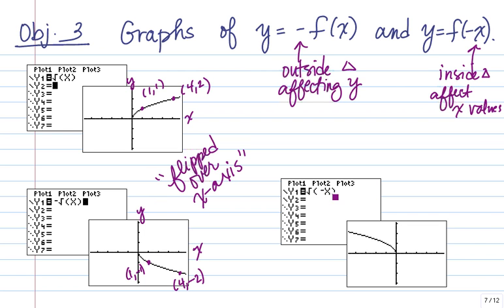The square root of negative x, so remember that f of negative x means to replace x with negative x, which is exactly what I did here, and look at the graph of this. It flipped the graph, so we're comparing it to the original function here. It was going here, but now when we did the square root of negative x, it's going here. So it actually flipped the graph over the y-axis.